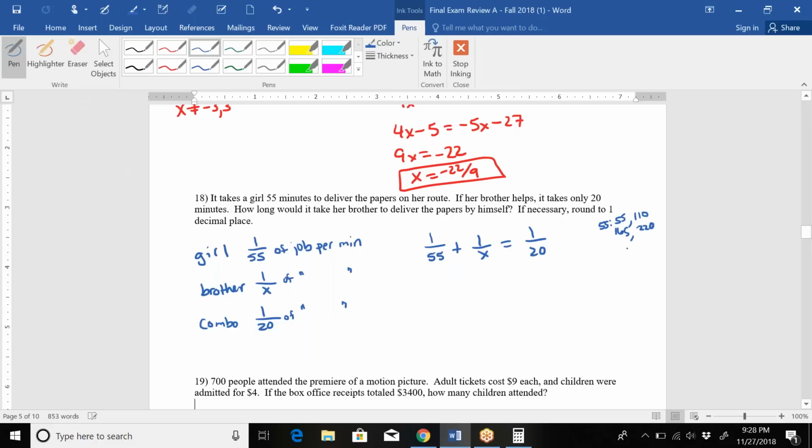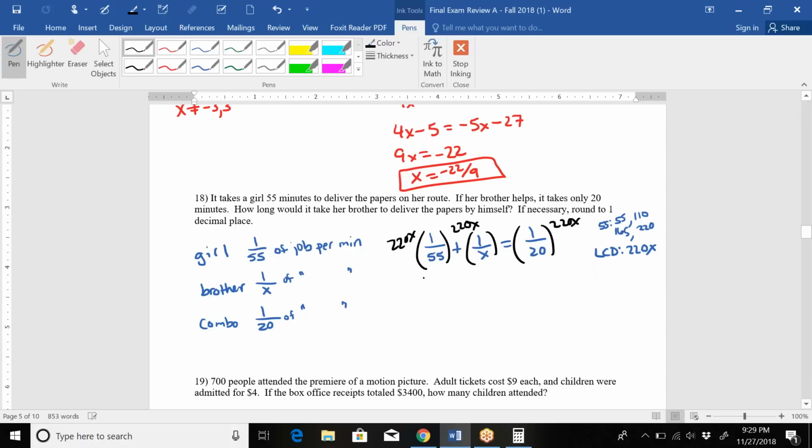So it looks like we can use that. So we would have to do 220x because that is our common LCD now, because 20 will also go into 220. So if we multiply each thing in this problem by 220x, we should be able to clear out the fractions and solve.